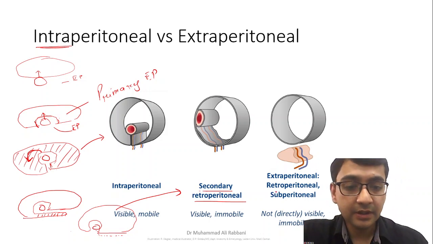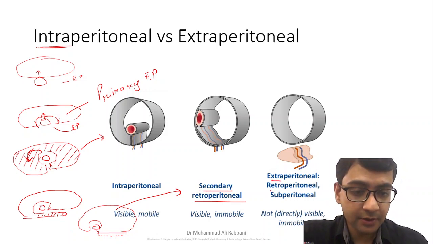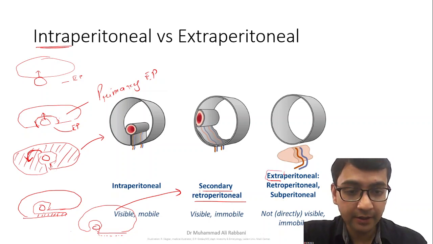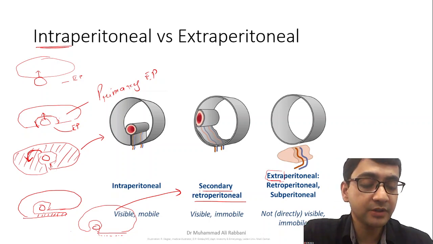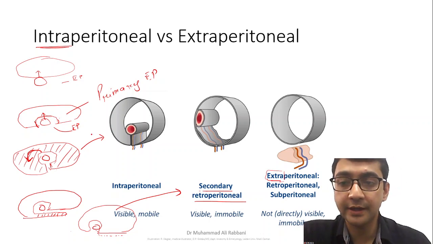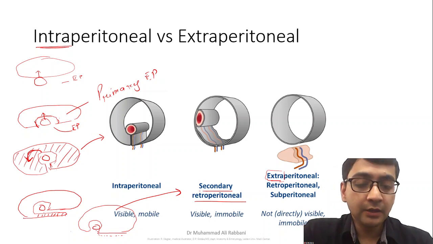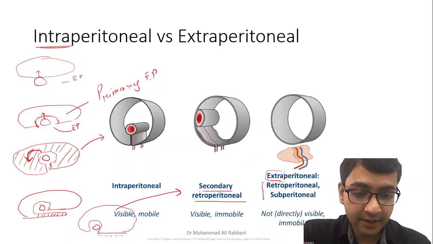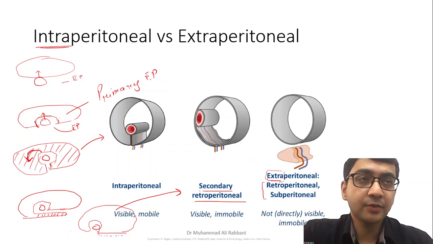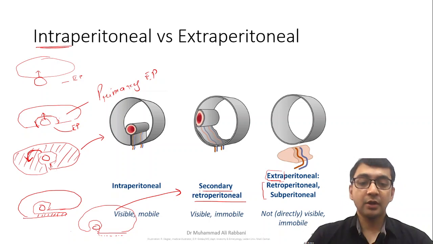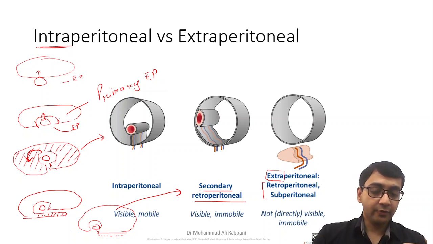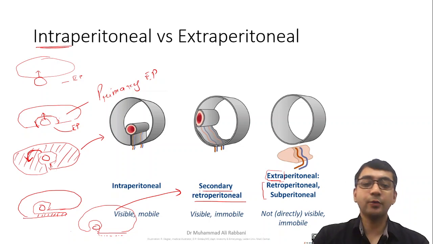Now there are differences between the words extraperitoneal, retroperitoneal and subperitoneal. Extraperitoneal is an umbrella term, and it denotes all of the structures that are lying outside the peritoneum according to the criteria we just discussed. The terms retro- and subperitoneal are relative terms depending upon the relation of the organ. For example, all of the organs in the posterior wall of the abdomen, like kidneys and pancreas, are behind the layer of peritoneum, so they are retroperitoneal.